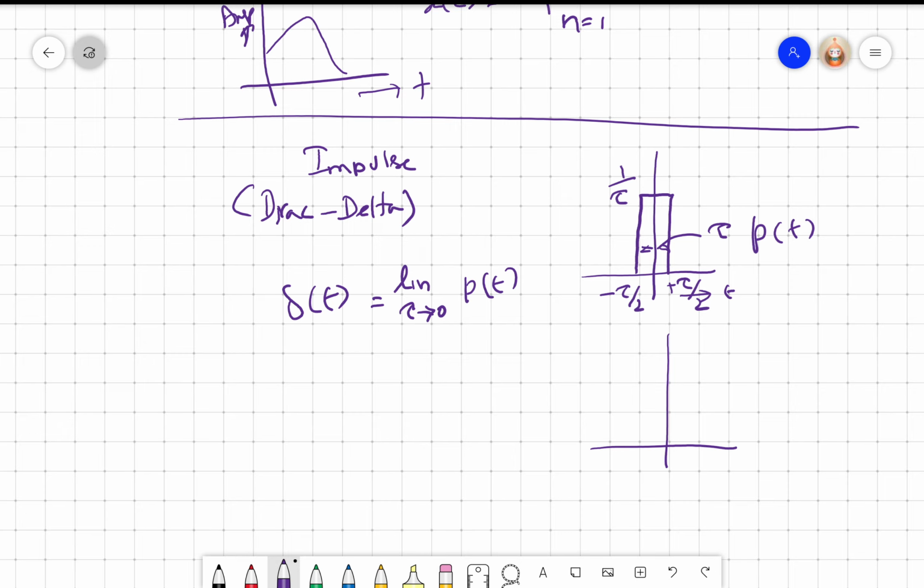Please remember amplitude is 1 by tau, so amplitude becomes 1 by 0, which is infinity. And the width is 0, because the pulse width tau becomes 0. So this is a narrow width, but the amplitude is infinity. Of course, it doesn't make sense. Infinity itself is a problematic number in mathematics to deal with, but as a kind of signal, this is really very nice to handle.